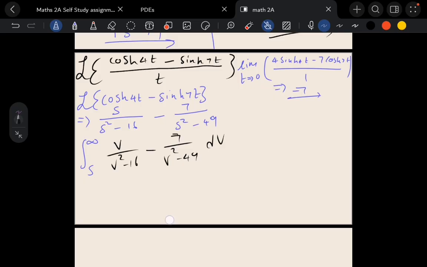Now, how do we integrate such a thing? We use integration by parts. How do we integrate such a thing? We use partial fractions. Now, I'm going to give you a trick.